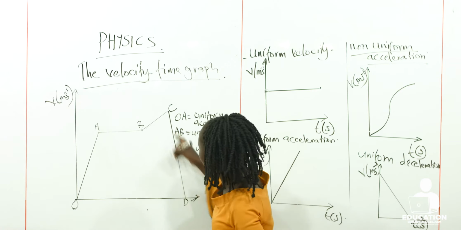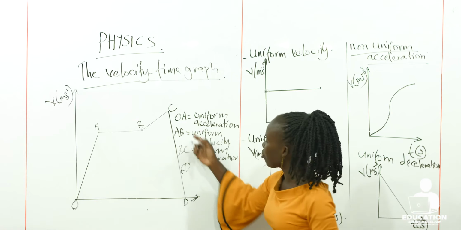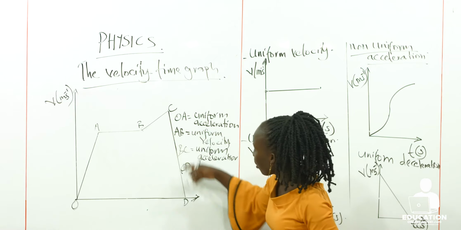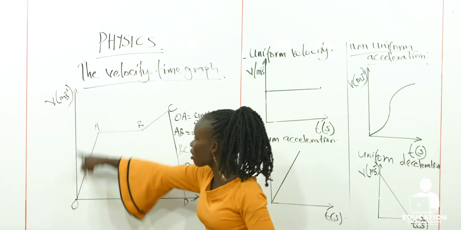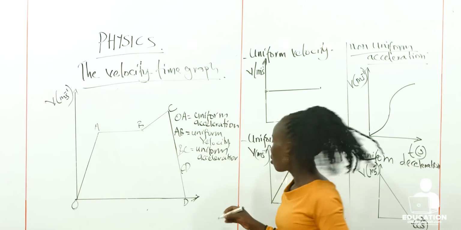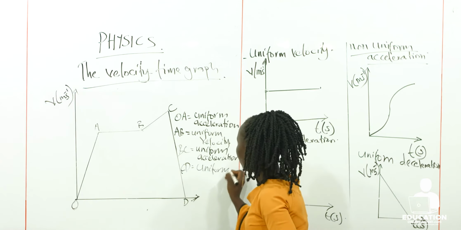So if you come to CD here, the body is coming back to rest. So the body is coming back to the 0 point where the velocity here is 0. So we are bringing it back to rest. So our CD is uniform deceleration.